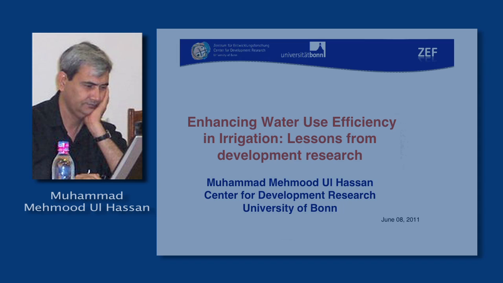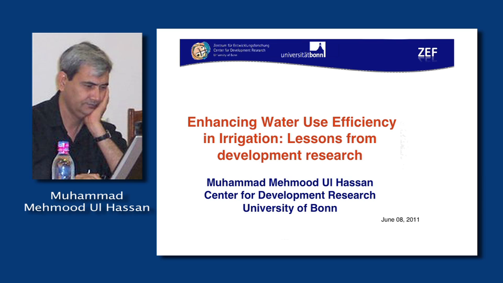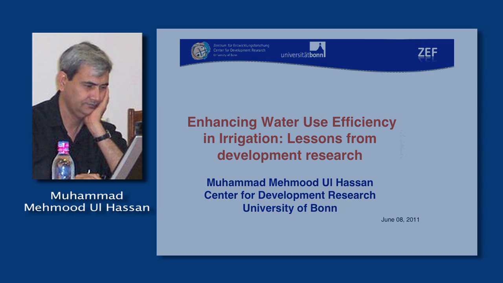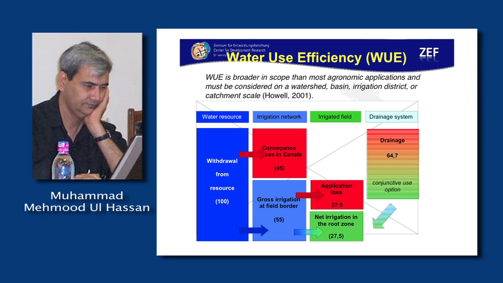I have been requested to present on water use efficiency in irrigation, and what I will do here, I'm not focusing on the aggregate efficiency or groundwater. I'm talking about only surface irrigation systems, large surface irrigation systems, examples and lessons from there.